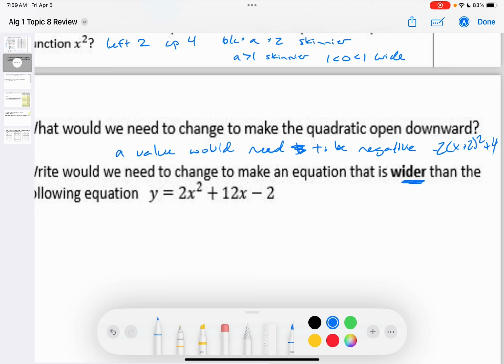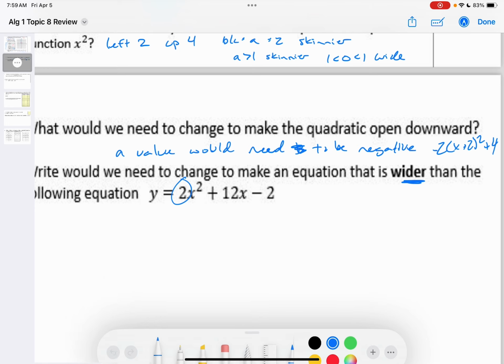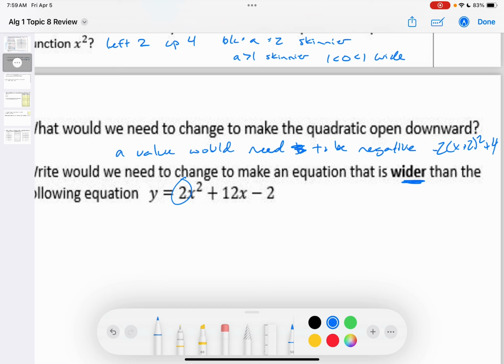What would we need to be wider? Again, I'm going to focus only on that 2. That's the only thing that matters for the width here. So what would be wider than that?